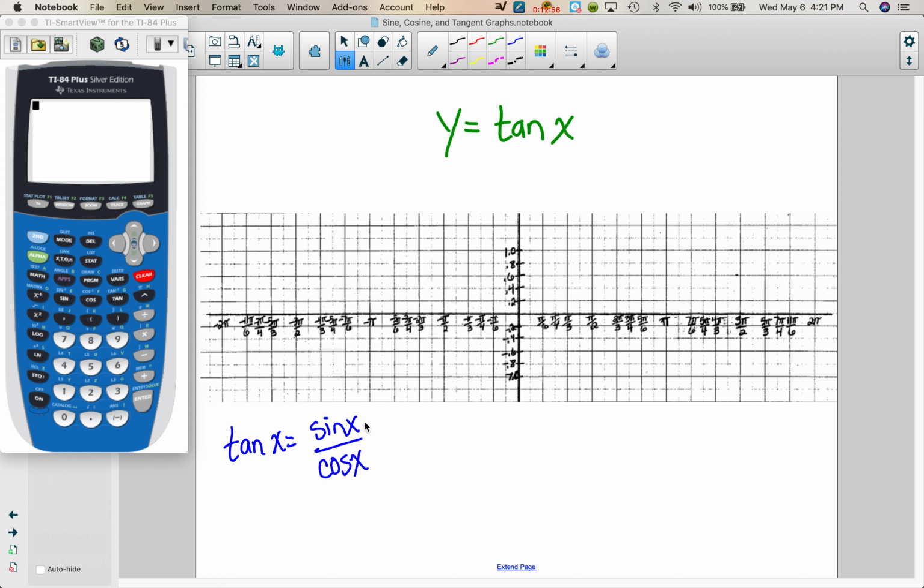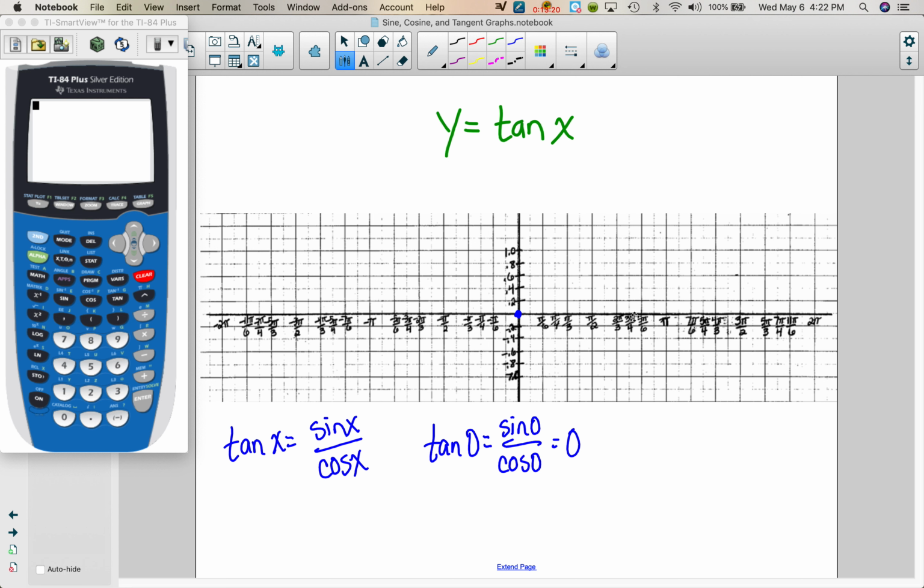At 0, if we wanted tangent of 0, we do sine of 0 over cosine of 0. Sine of 0 is 0, cosine of 0 is 1. We're allowed to do 0 over 1. We get 0. So we're going to have this right here.